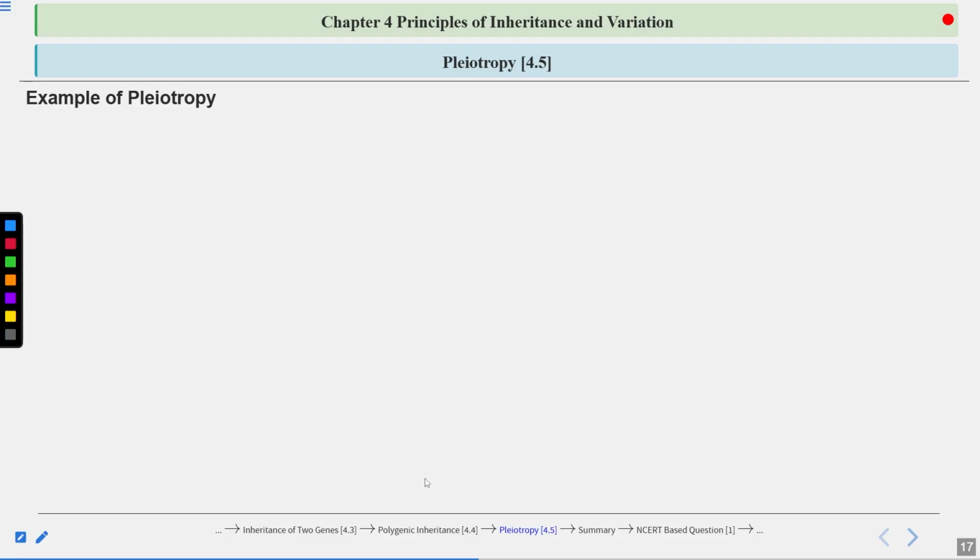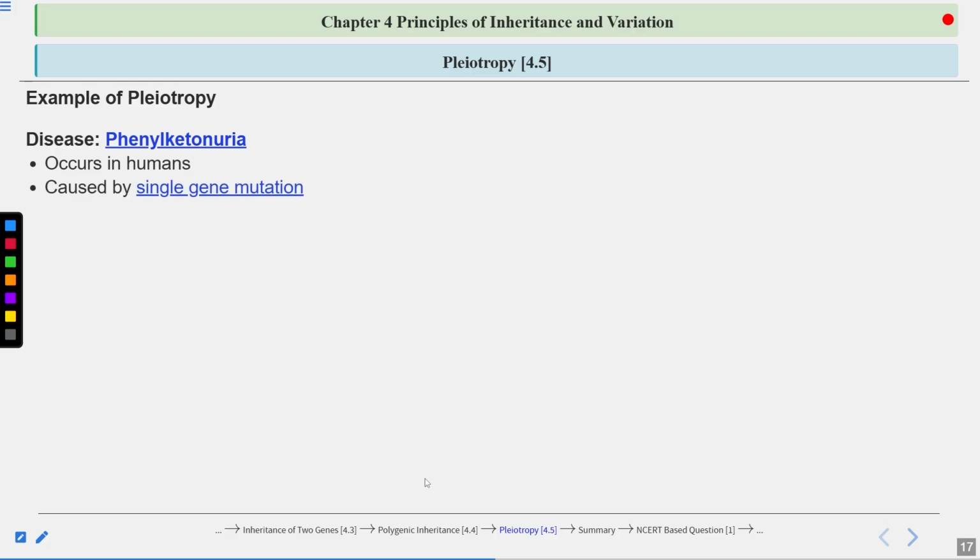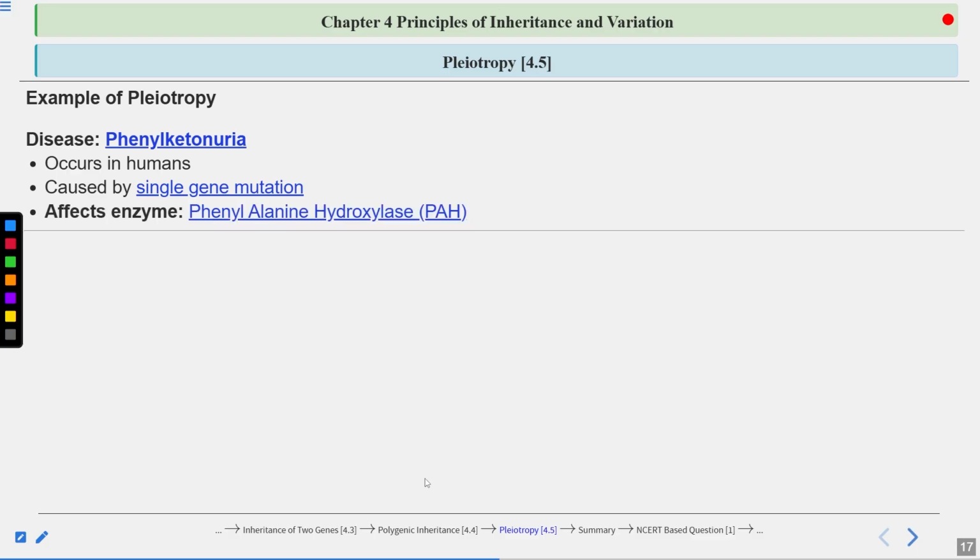Let's understand pleiotropy with the help of an example. We'll take the example of phenylketonuria. This is a metabolic disorder which occurs in humans, and it is due to a mutation in a single gene. Because of this mutation, an enzyme known as phenylalanine hydroxylase, abbreviated as PAH, is affected.